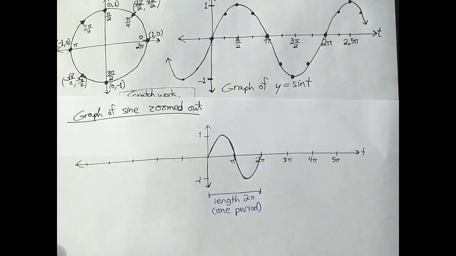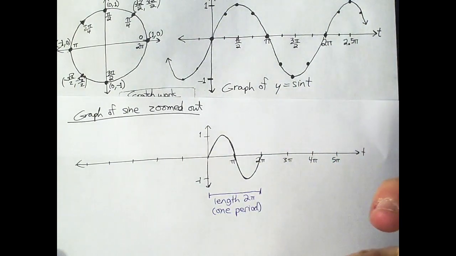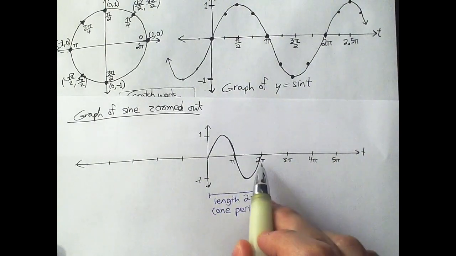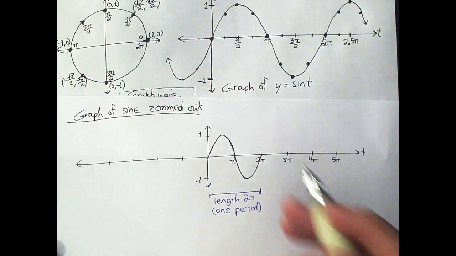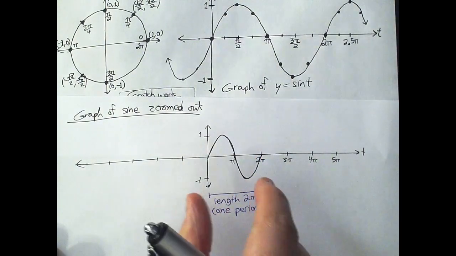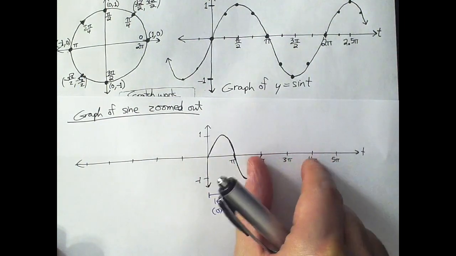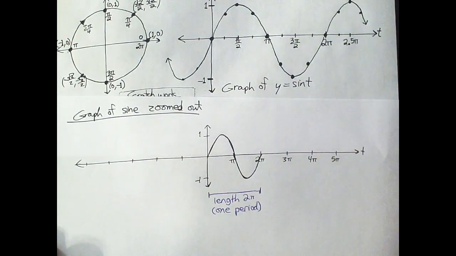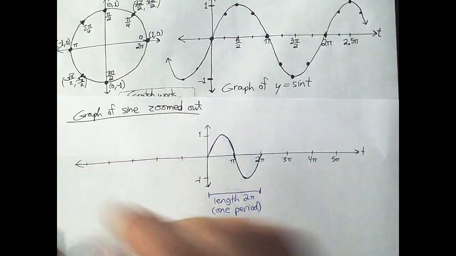What I want to tell you is to draw the rest of the function because sine is just going to repeat itself. This curve is just going to repeat itself again and again. The way that you could think of it is you draw 1 period and then grab this and copy and paste to the right and again and again and also to the left. Copy and paste, copy and paste.